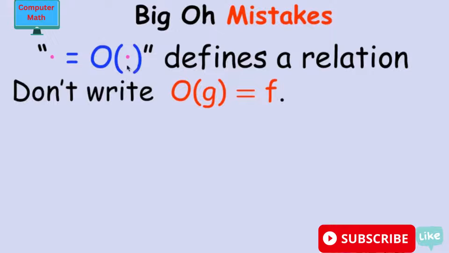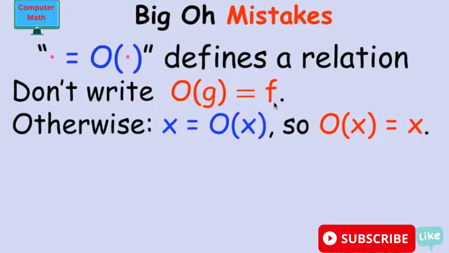In particular, a confusion where you think that the equality sign means some kind of an equality is to write, instead of f equals O of g, well, if f equals O of g, by symmetry, O of g ought to equal f. Don't write that. The reason is that it's a recipe for confusion. Because look at this. I know that x is O of x trivially, which would suggest that O of x is equal to x if you believe in symmetry and you think of O of x as being a quantity.